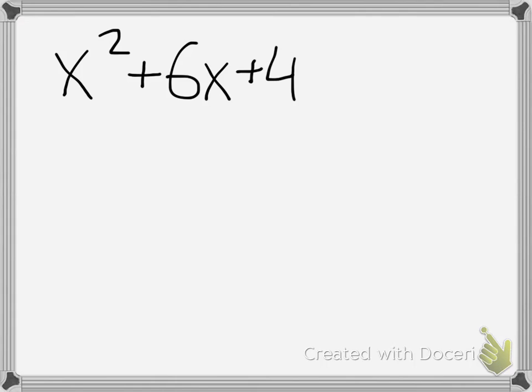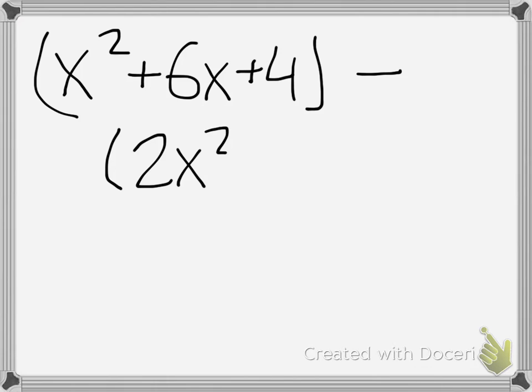In terms of subtracting polynomials, there's only one thing we need to be really careful of. Let's get an example. Let's say I have the polynomial x squared plus 6x plus 4. That's my one polynomial. And then I want to subtract a second polynomial. Let's do 2x squared plus 4x plus 1. I need to be careful that this minus applies to each of these terms.